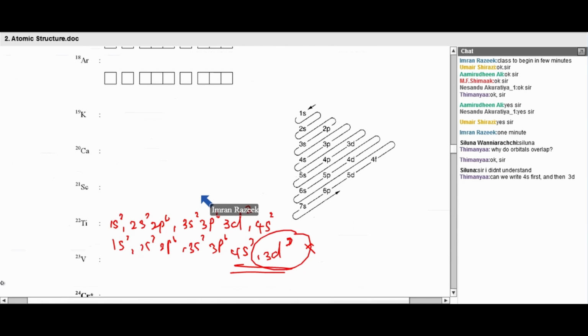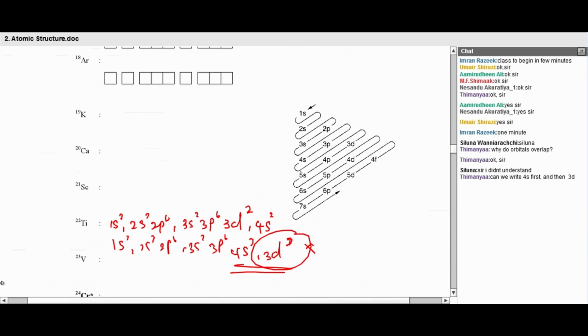Then during ionization, what is ionization? Removal of electrons. You would start removing electrons from the 3d now, whereas the outermost shell is the shell where the electrons are removed. So you cannot remove from the 3d, rather you have to remove from the 4s. So the outermost is the 4s, and writing like this is wrong.